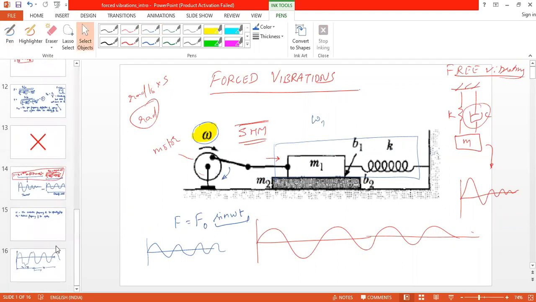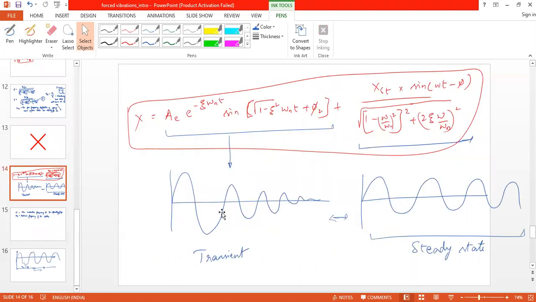Here, the transient vibration takes place at the damped natural frequency, whereas the steady state response occurs at the frequency of excitation.